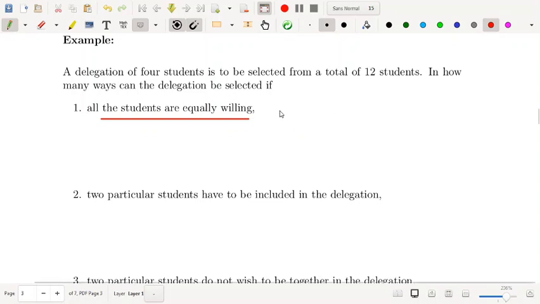Similarly, if out of 10 examination papers you have to select 6, your result is 10C6. So your answer will be 12C4.